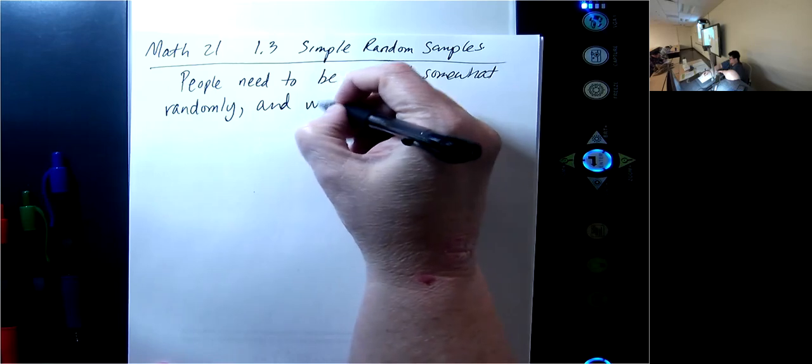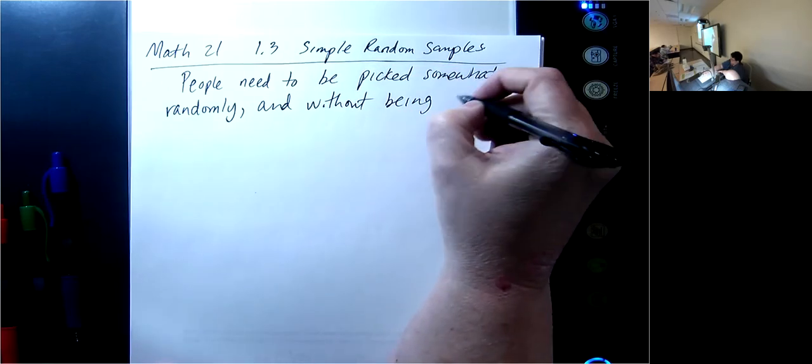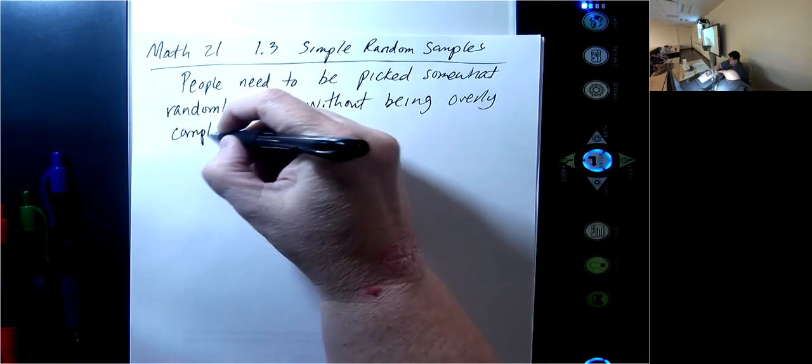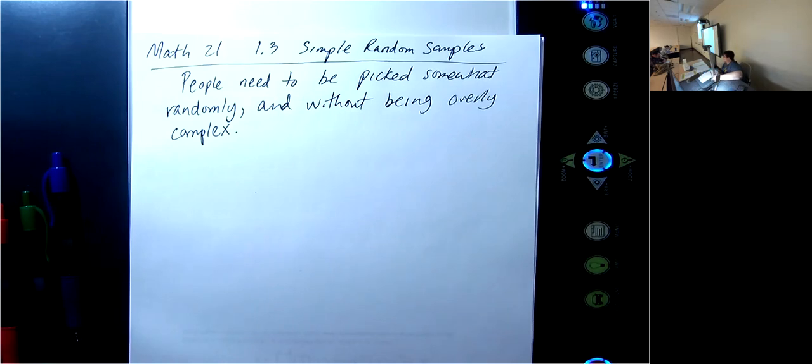And without being overly complex. I think that's what the simple part means. I don't really know where the simple part really comes in. But let me give you an example.